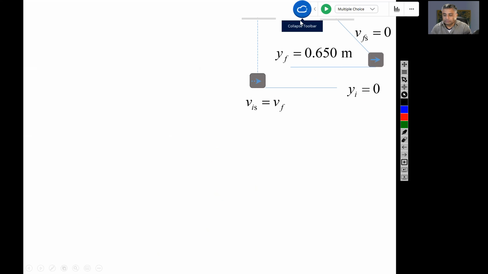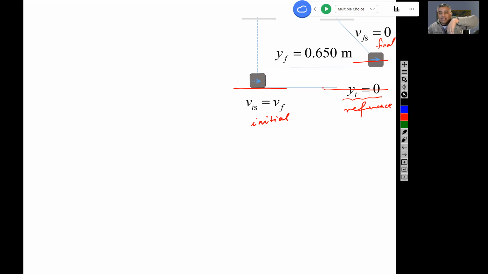So now, the swinging part, that's where we use conservation of energy, right? So to use conservation of energy, what do we need? We need initial, we need final, and we need a reference. So that's why the initial height is 0, okay? So we are measuring height from wherever they were colliding and hasn't started going up.